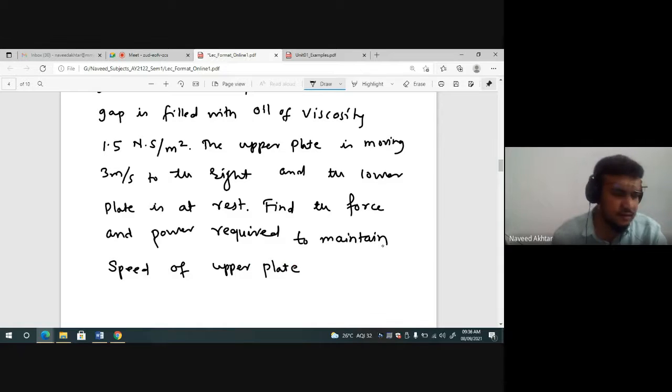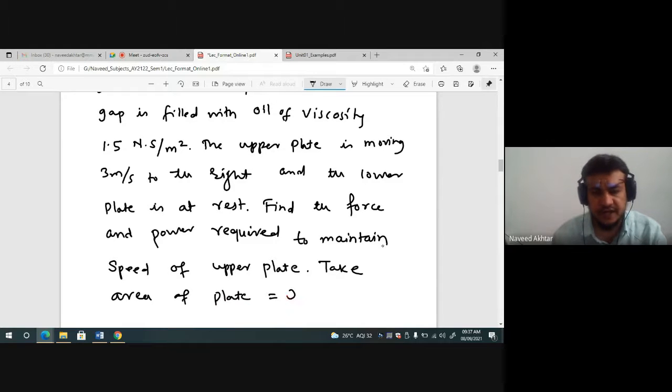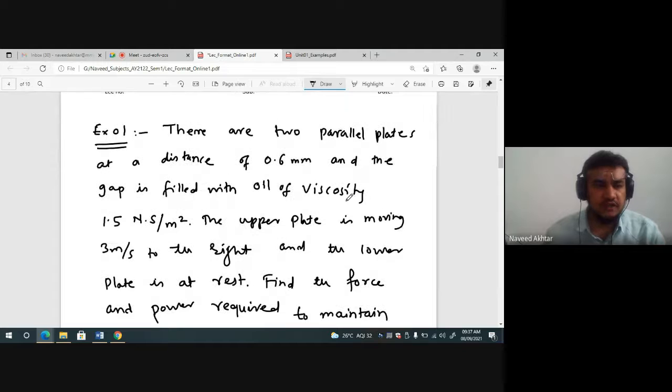The speed should not be changed. Take the area of the plate as 0.5 meter square. So this is our example.